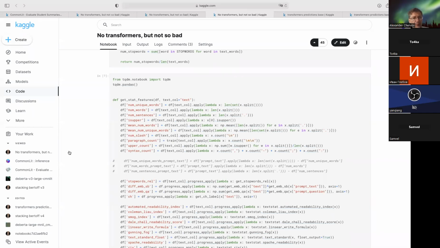But also, previous competitions were submit competitions, and some participants used techniques like pseudo labeling. And in this competition, you can't use pseudo labeling because you don't have a test data set. And it's good for me because I don't like using techniques like pseudo labeling.